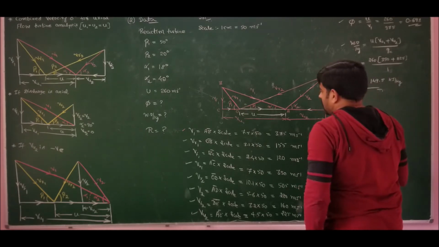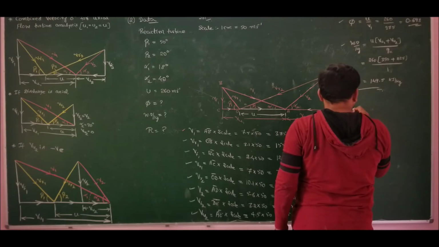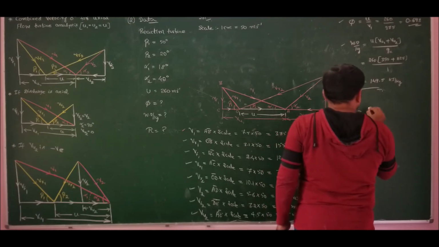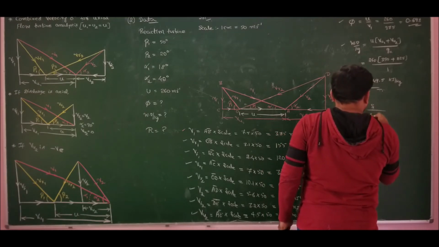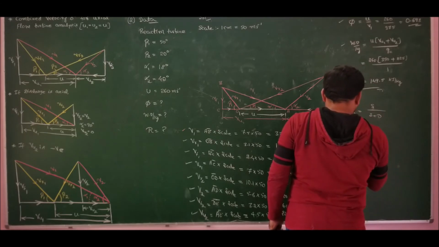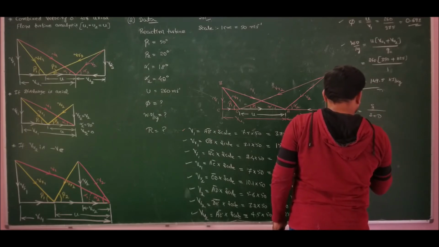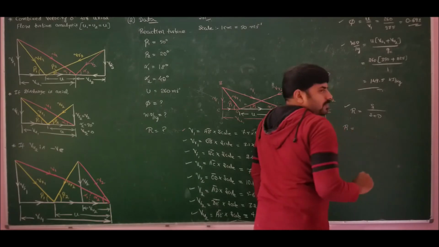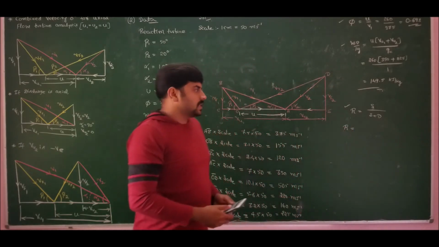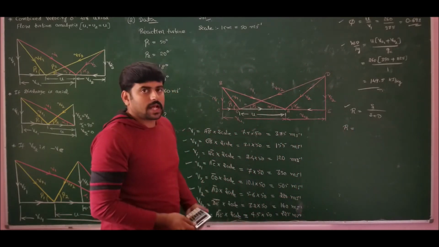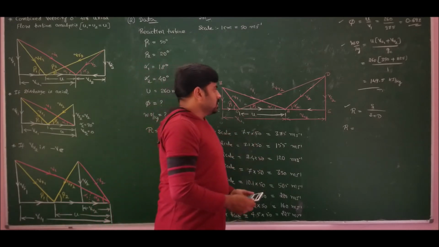And finally, he has asked to calculate the degree of reaction. So we know that degree of reaction is static component by static plus dynamic component. That is R is equal to, in the static component, U1 square minus U2 square is equal to 0, because all steam turbines are axial flow machines and U is constant.